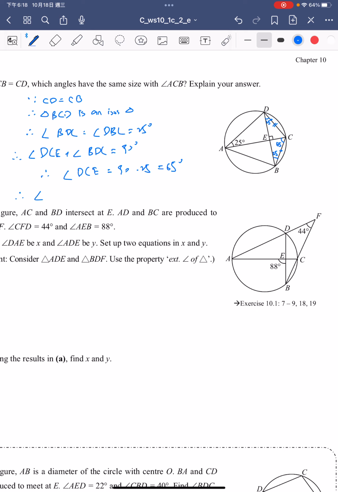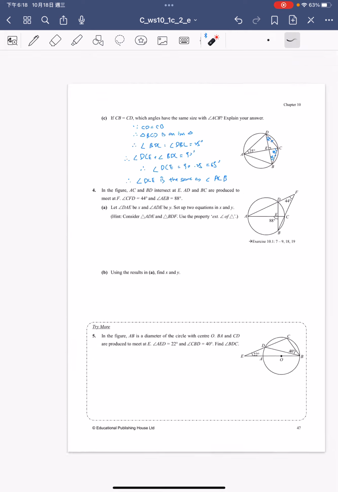So now we have the angle DCE is the same as the angle ACB. So we can say that this angle is actually the same as the original angle. So that's for question 3.